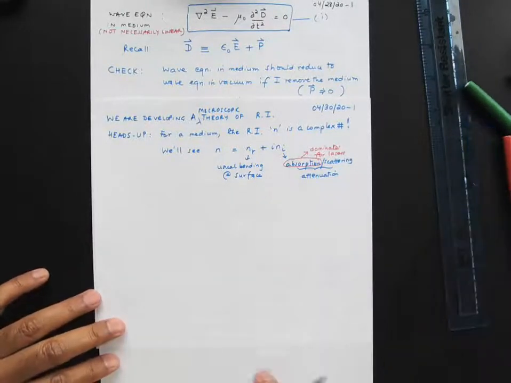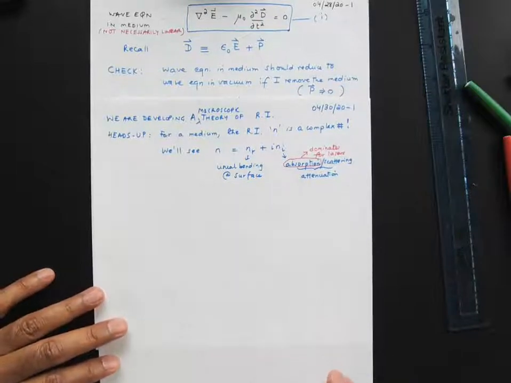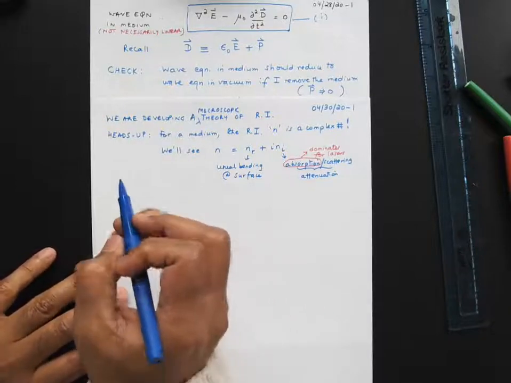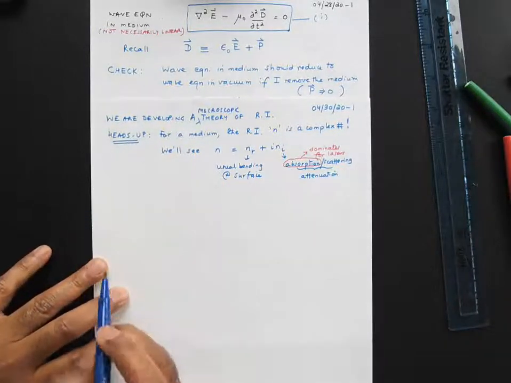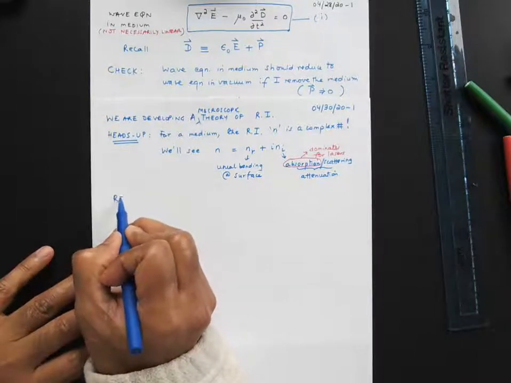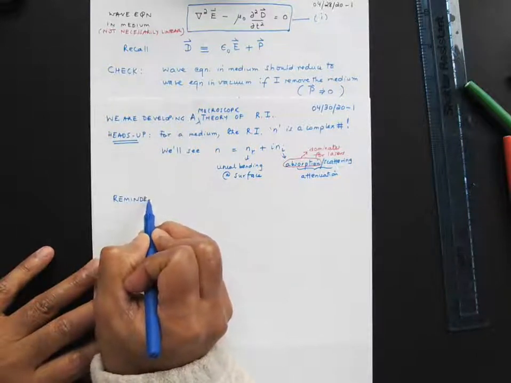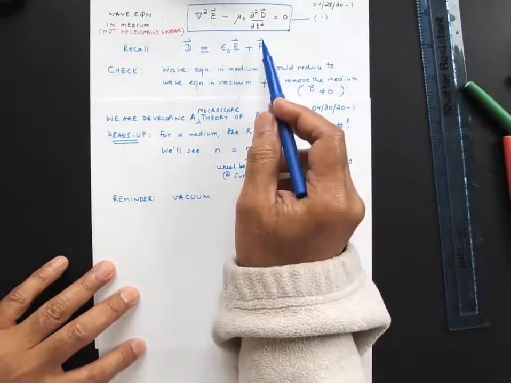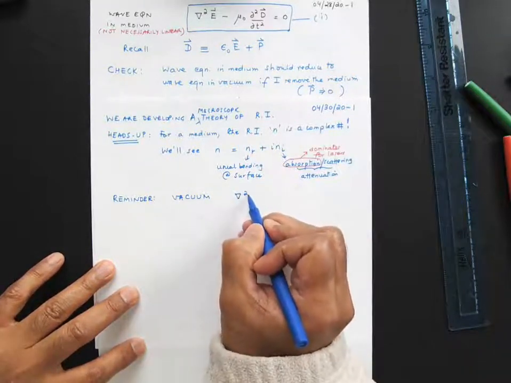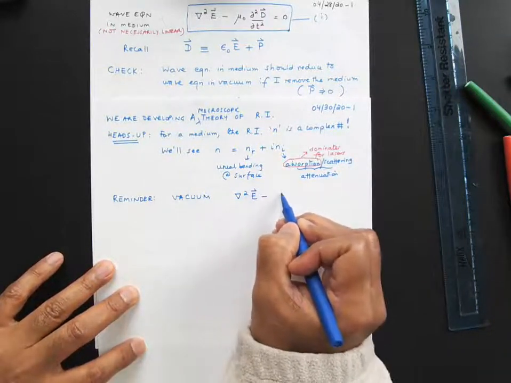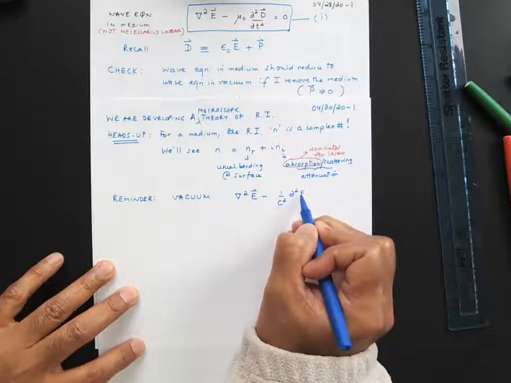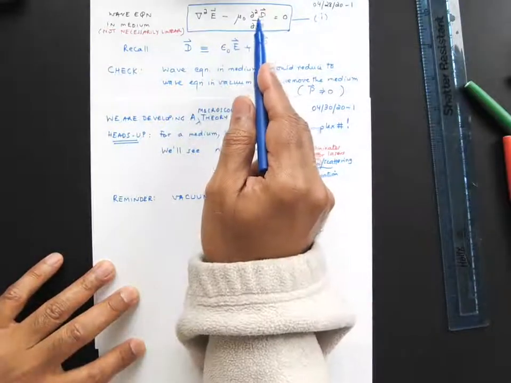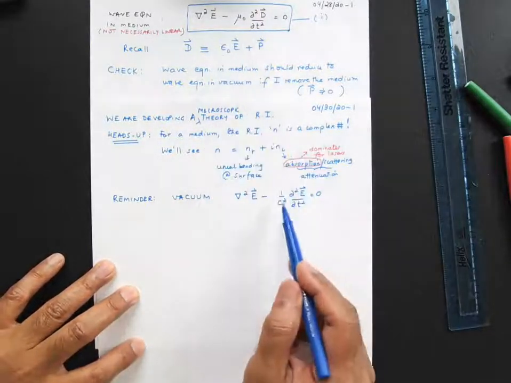Now, the reason I wanted to bring this up today is that we will deal with this later. So there's the heads up, but I also want to remind you that in the case of the vacuum, our wave equation just said minus 1 over c squared, the mu naught and epsilon naught came out, and so then you got this.